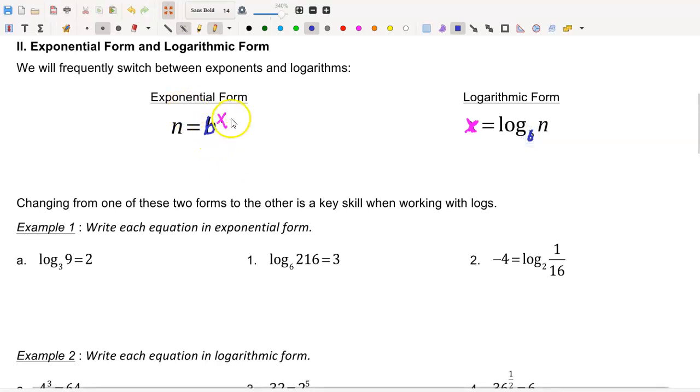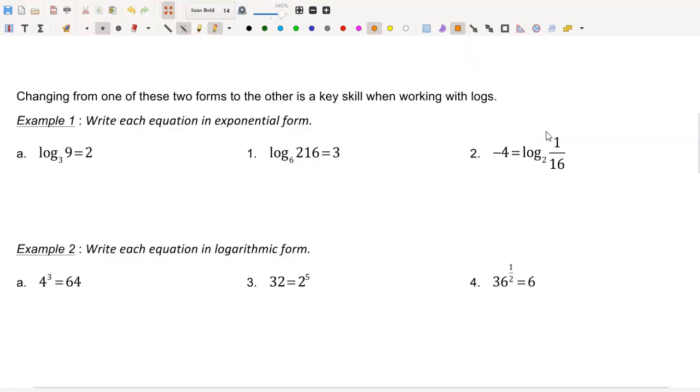Over here, the exponent is small, and that becomes the regular size in the logarithm. And over here, the base is big, and it's now a little b in the logarithm. And the n, right here, that it equals, just stays the same. Okay. So just practice a few of these going back and forth.